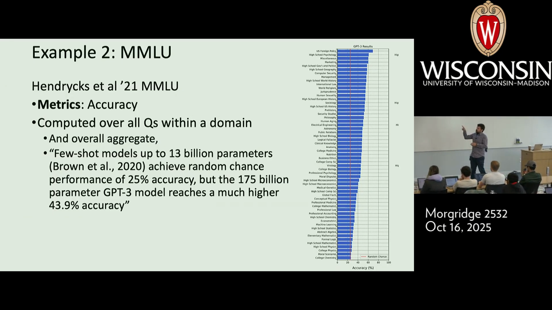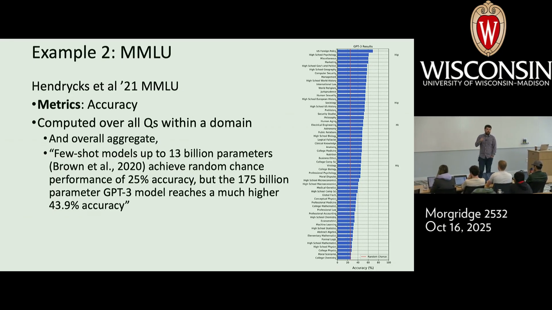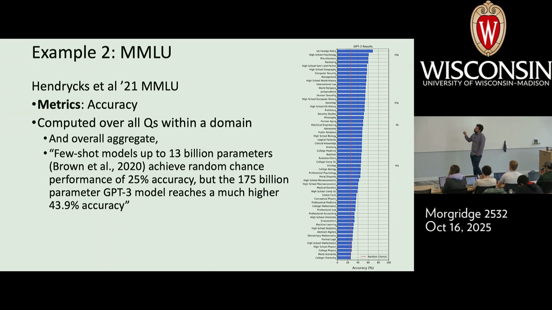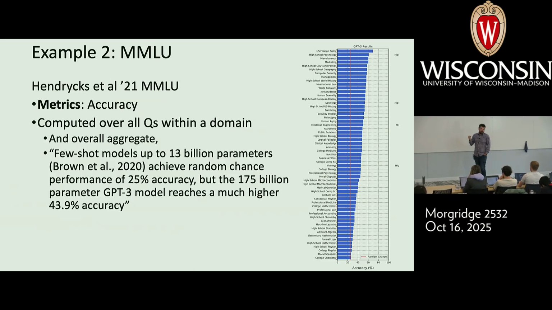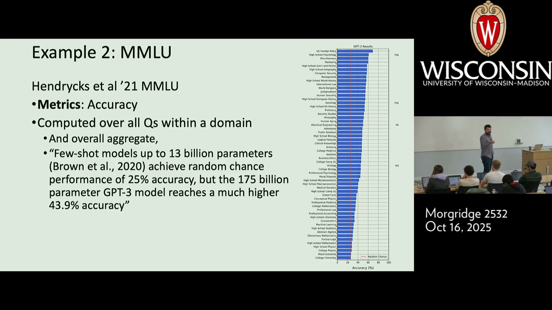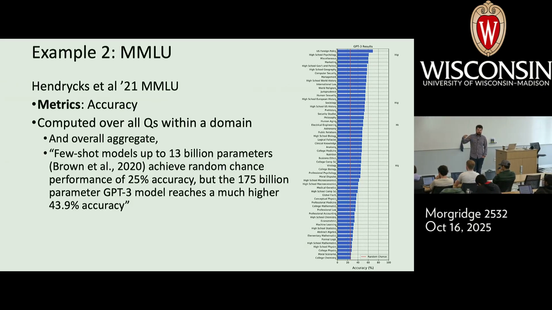If you do few shot, which means you get to show some multiple choice examples to the model in the prompt before you actually ask the question, then models up to 13 billion parameters were basically random, which means they have no actual information. They're just guessing randomly. But bigger models already, even back then, could get up to a non-trivial accuracy. So if you're doing multiple choice and your answer options are balanced, 25% is just random guessing. If you are substantially above random guessing, that means the model actually knows something.